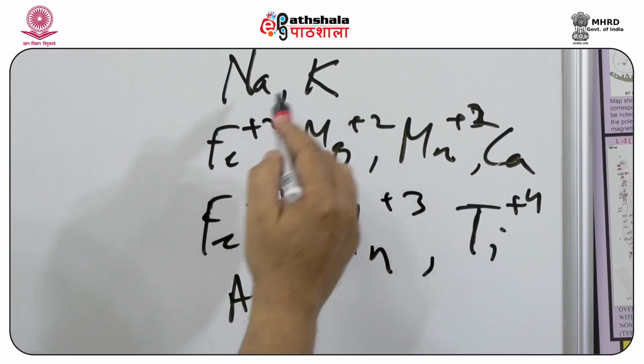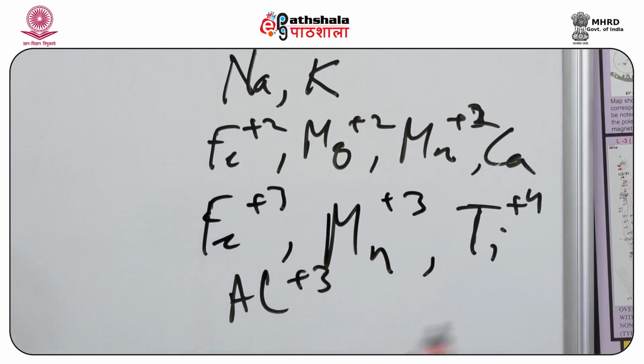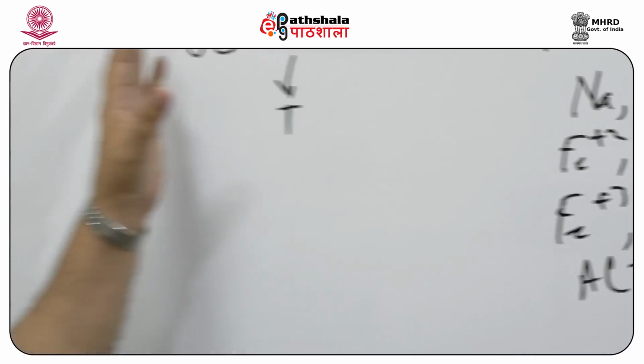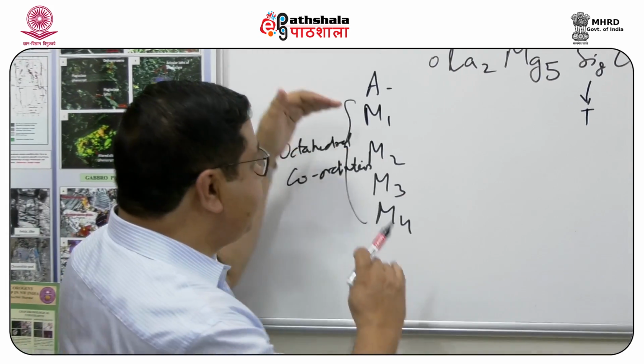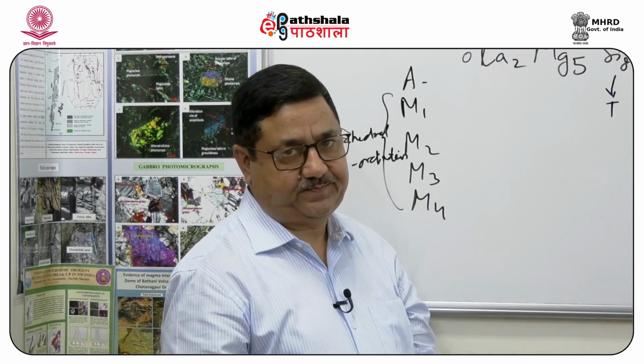So, we see that 1, 2, 3, 4, 5, 6, 7, 8, 9, 10 and more than 10 elements substitute for different elements, but the number of sites to which they substitute is limited.